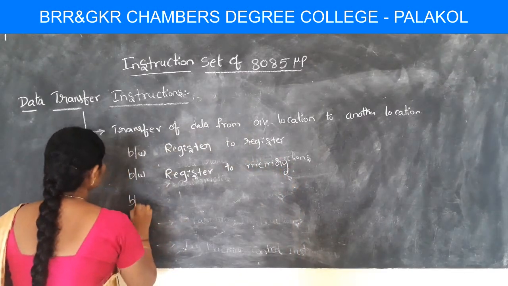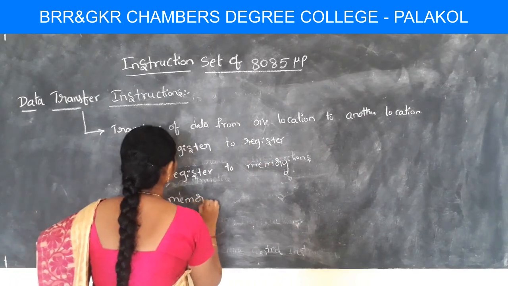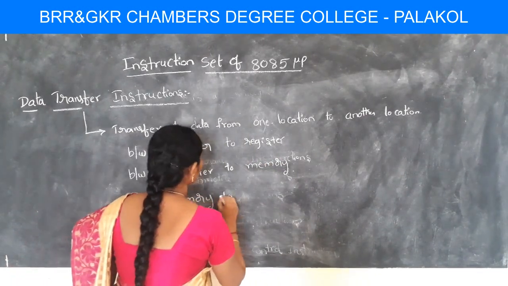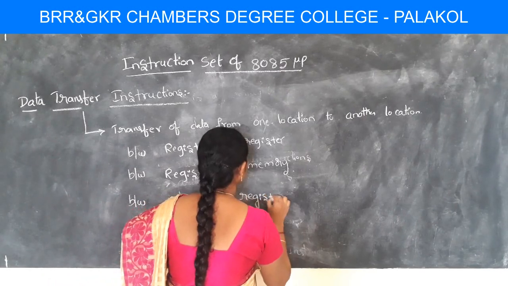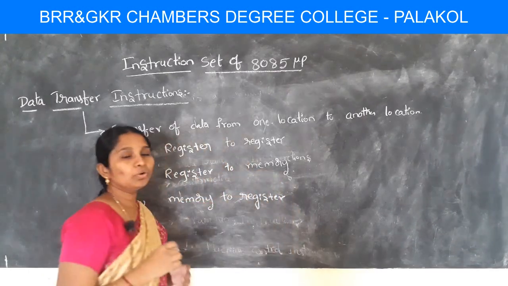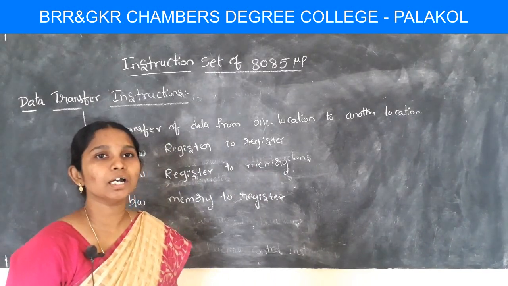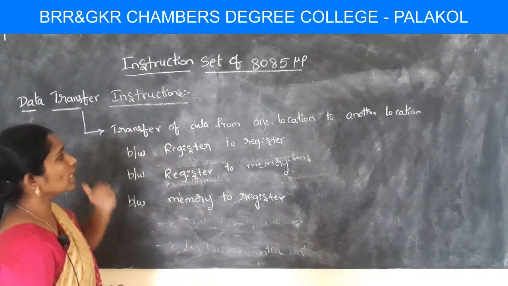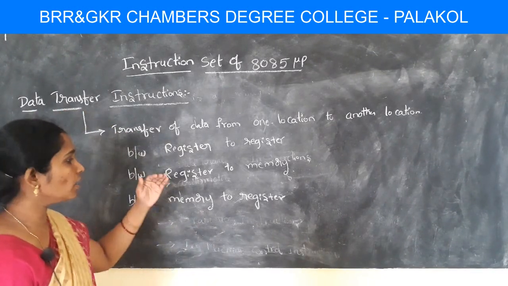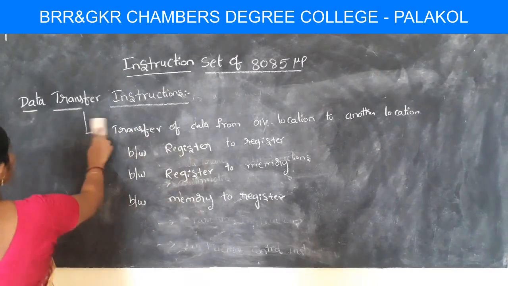And third one is memory to register. But memory to memory is not possible. Okay. So therefore this data transfer instructions are so many number of instructions.